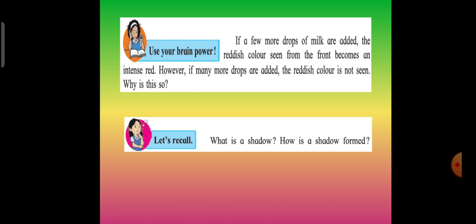What happens is, if we add a few more drops of milk, after some time the reddish color becomes dark and further it goes on becoming even more intense, but after some time the reddish color is not seen because the light which gets scattered, the red color at one point of time gets scattered and henceforth the red color is not visible.